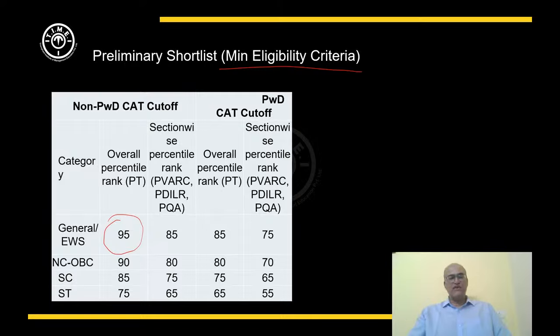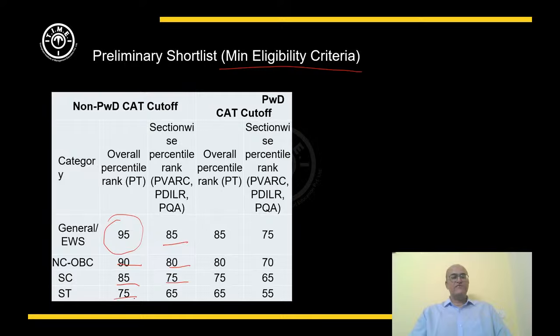As far as sectional percentiles needed are concerned in VARC, DILR, they have kept a sectional requirement of 85 percentile. Remember, this is for general or EWS. Then we have NC-OBC, required percentile will be 90 overall and 80 in each section. SC will be 85 overall, 75 sectionals.